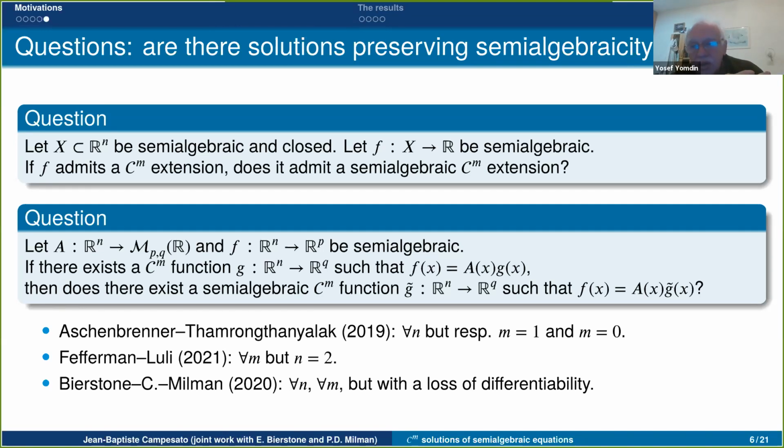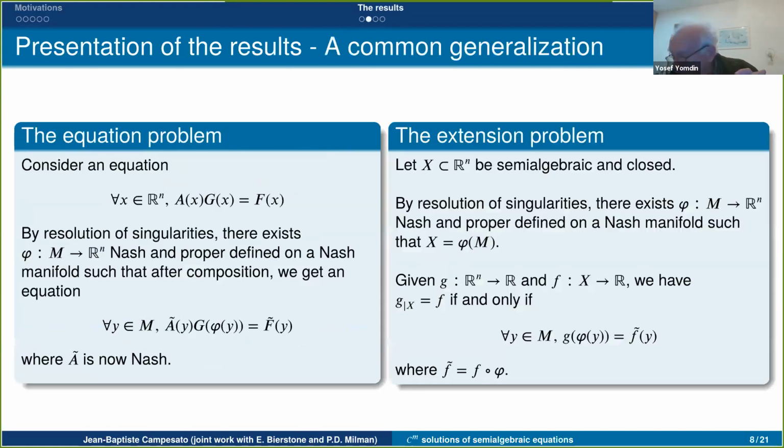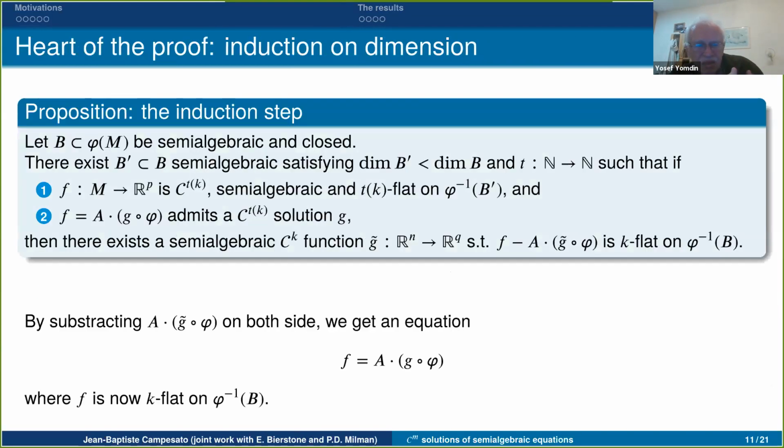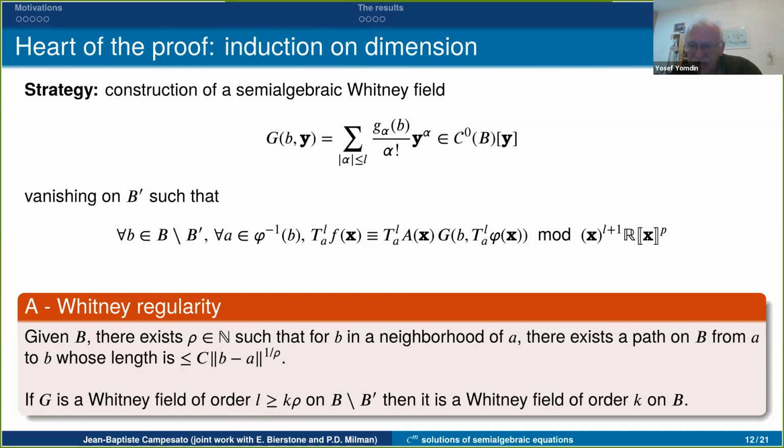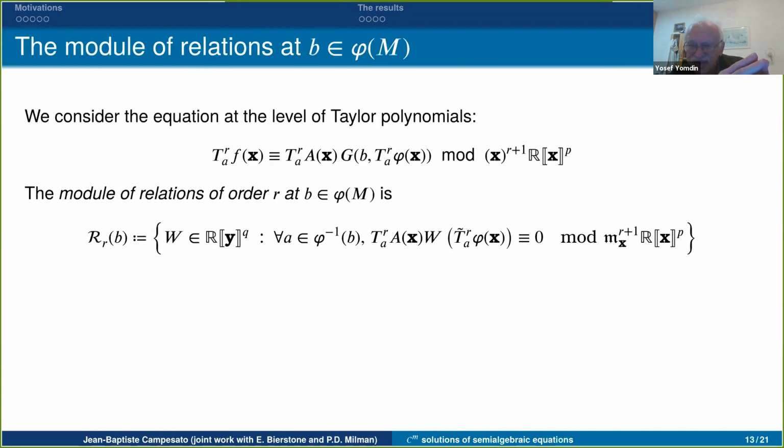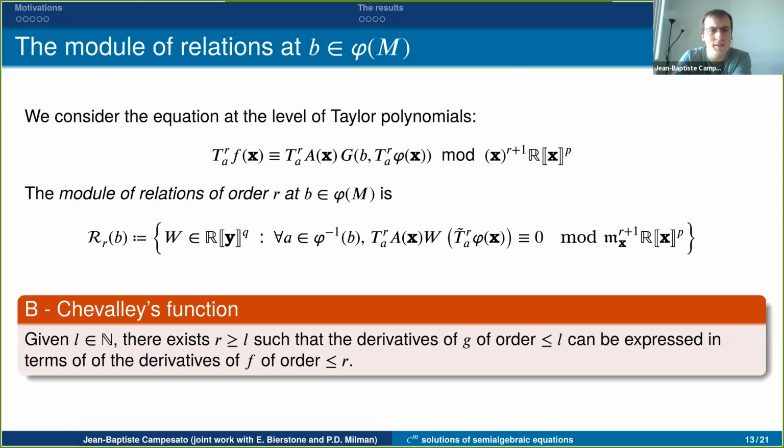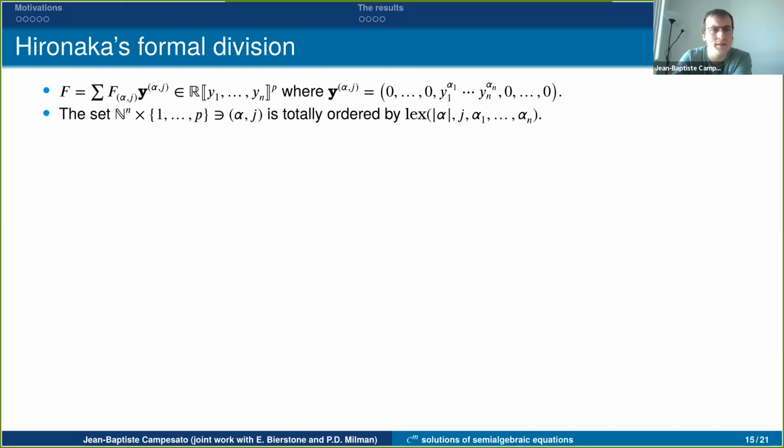But this technique of Hironaka division, which you use to extend Whitney fields, looks quite new to me. Is it correct? No, I think that Edouard and Pierre used Hironaka's formal division in several of their previous papers.